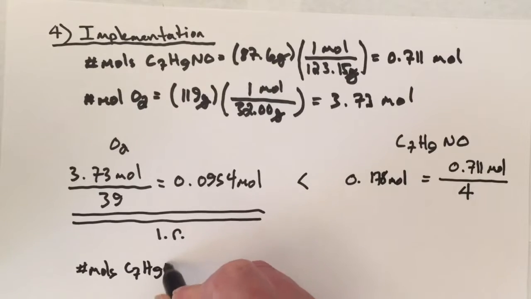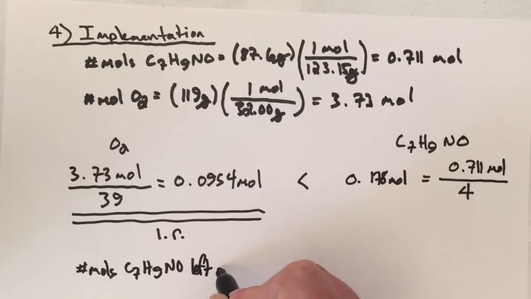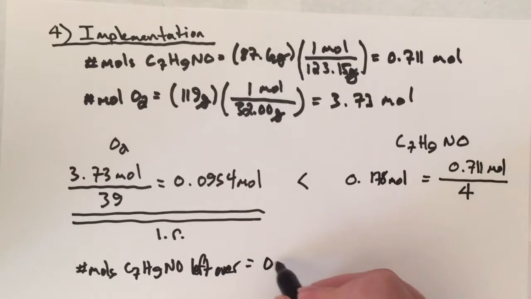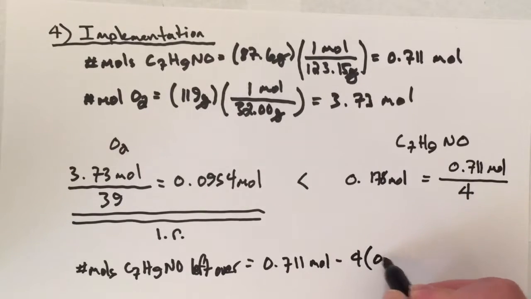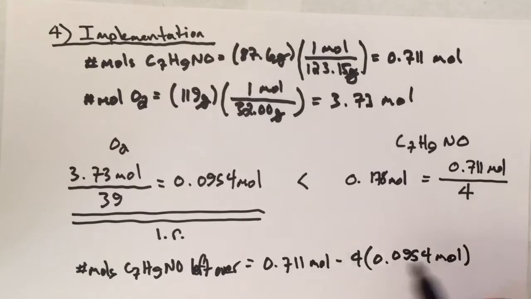The number of moles of C7H9NO we have left over equals 0.711 moles minus 4 times 0.0954 moles, and that equals 0.3294 moles.